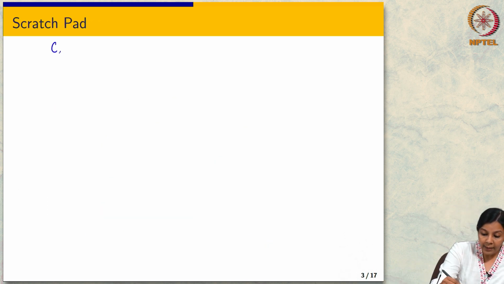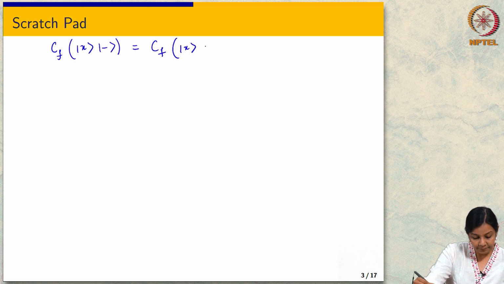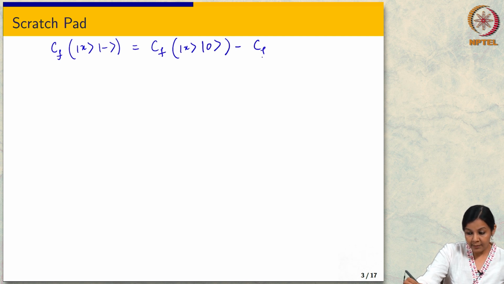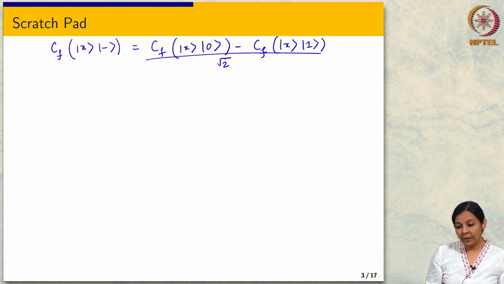So now what do I get? If I compute C_f of x with the minus state, then this is of course C_f of x, 0 minus C_f of x, 1, over root 2. By the way, so far I have been carrying around these normalization constants, but soon I will just start dropping them, because they are not going to matter too much.